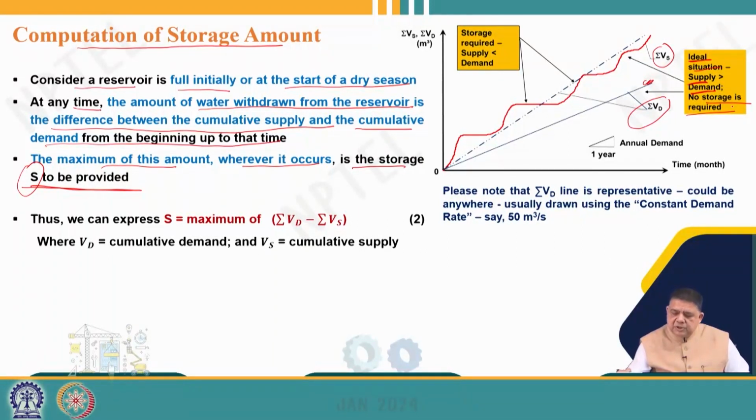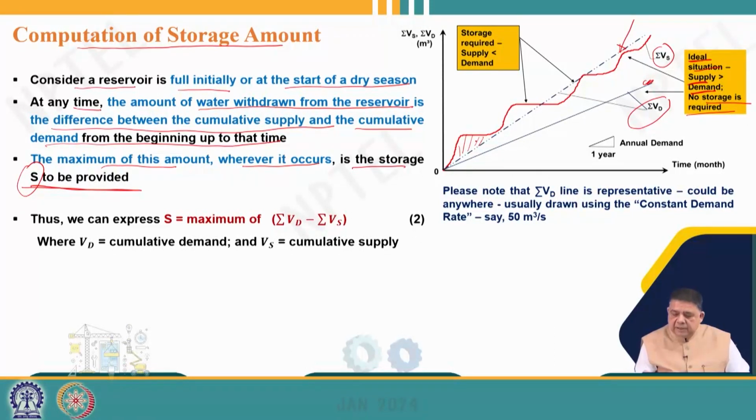But suppose a picture where our demand line is like this dashed line here, where storage is required at certain periods of time, could be positive, because at times the demand is more than the supply. So here you can see this period, in this period the supply is more than demand.